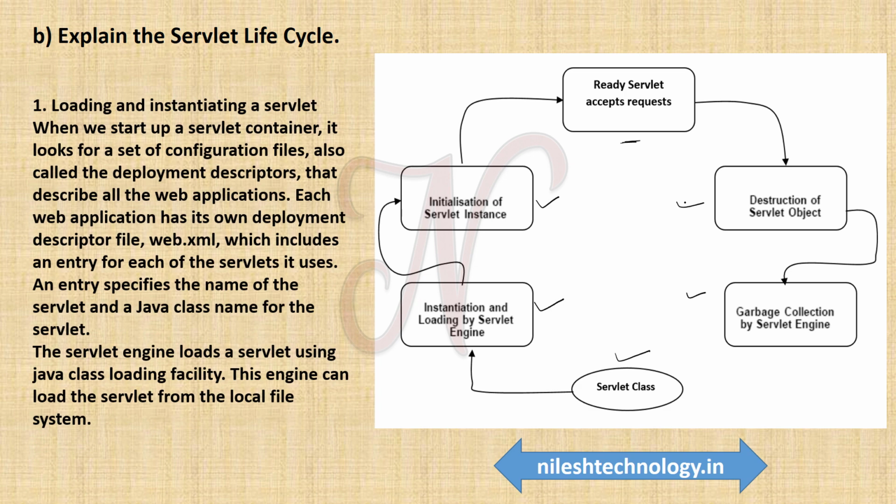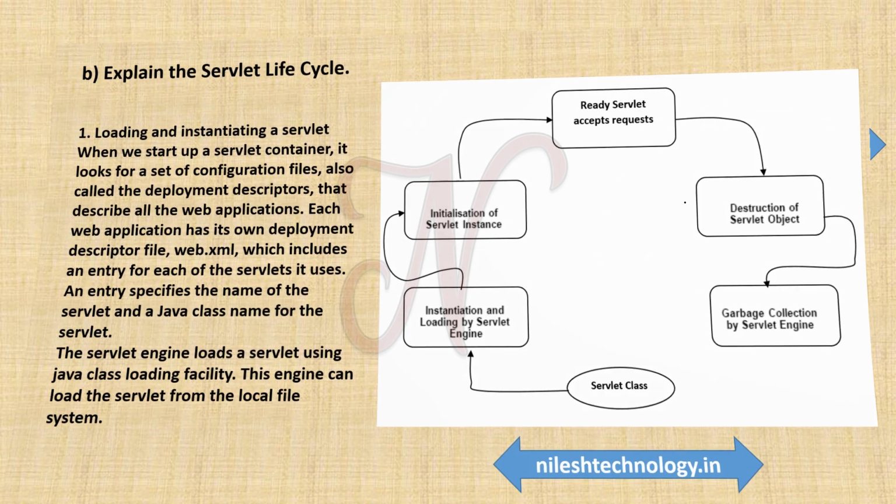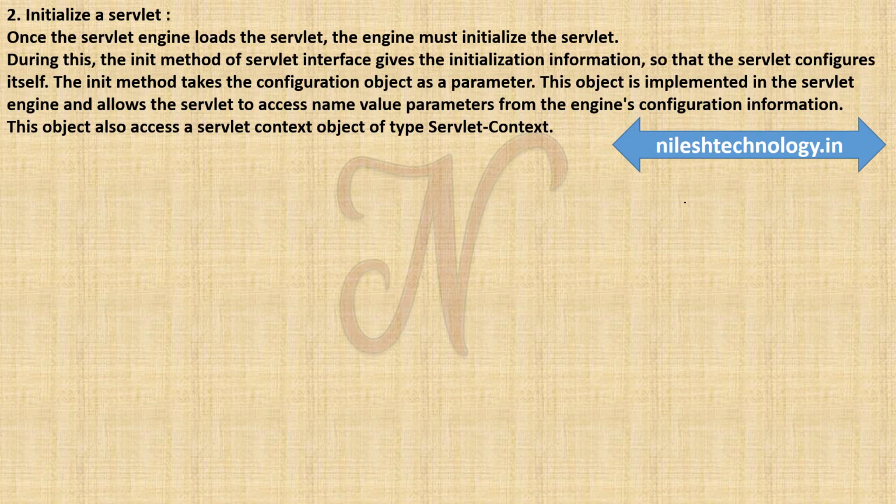So first one is loading and instantiation of a servlet. Okay, so here the servlet engine loads a servlet using the Java class loading facility. So this engine can load the servlet from the local file system. Okay, so next we see initializing a servlet.